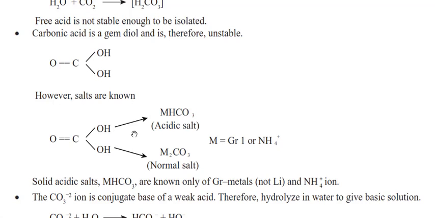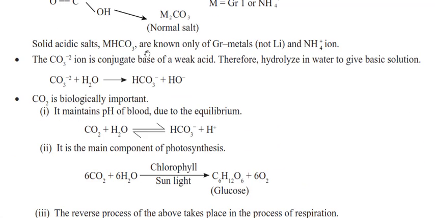If you prepare a salt from this acid, it may be acidic, or if it is in the form of carbonate, then the salt will remain a normal salt. And these MHCO3 are known only for group 1 metals.